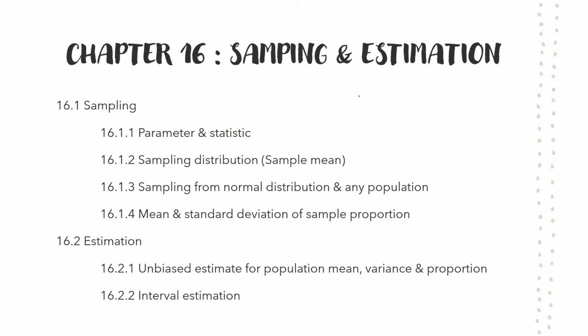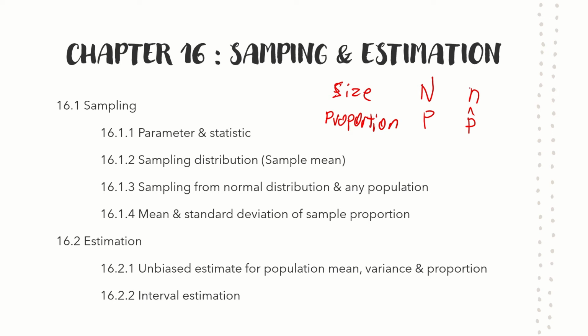But okay, so this is the definition. Not only mean and variance, we also have size, and also one new thing called proportion. Size for population is capital N, for sample is small n, and proportion for population is P, for sample is P cap. This is another definition of parameter and statistic.